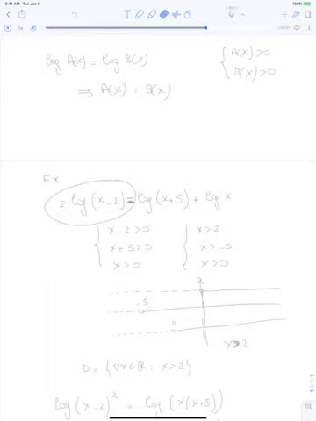Say that we have this exercise, 2 times the log of x minus 2 plus the log of x plus 5 is equal to the log of x plus 5 plus the log of x. Okay?